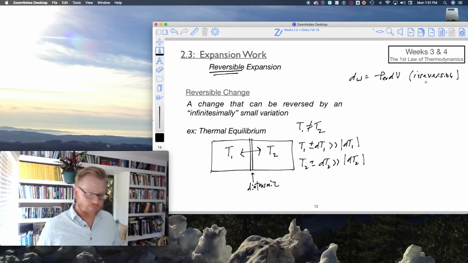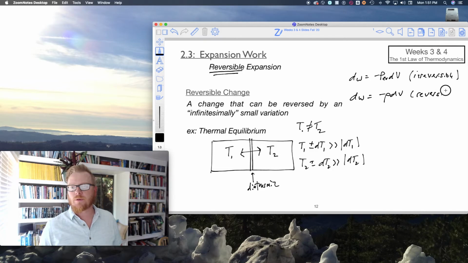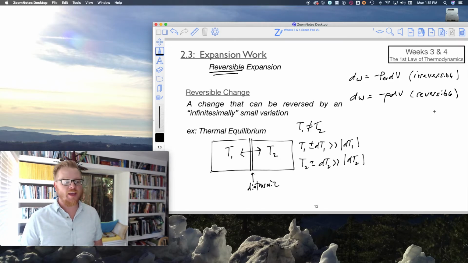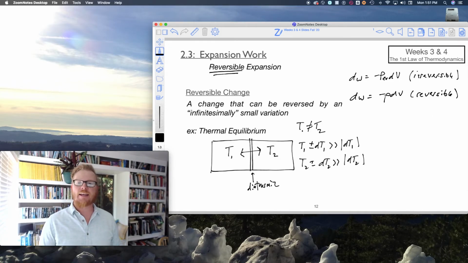So how do I write reversible expansion? I can simply say dW equals negative P dV, reversible. Thus we have to think of how P depends on V in the reversible expansion.